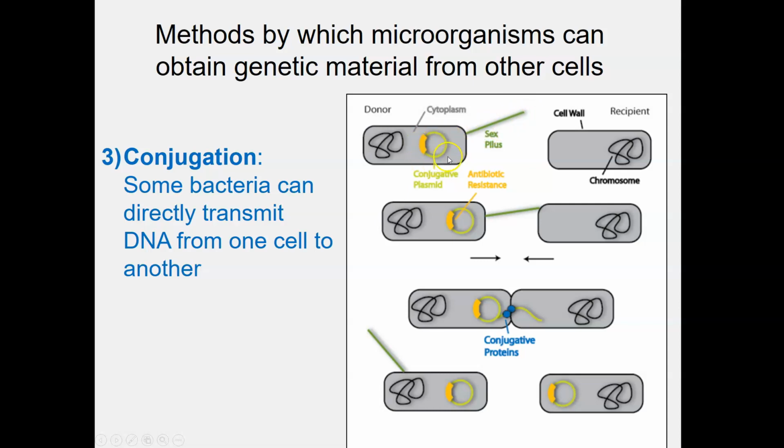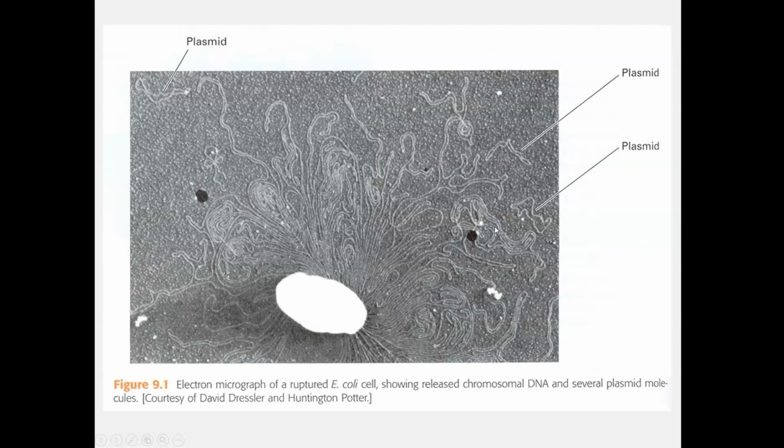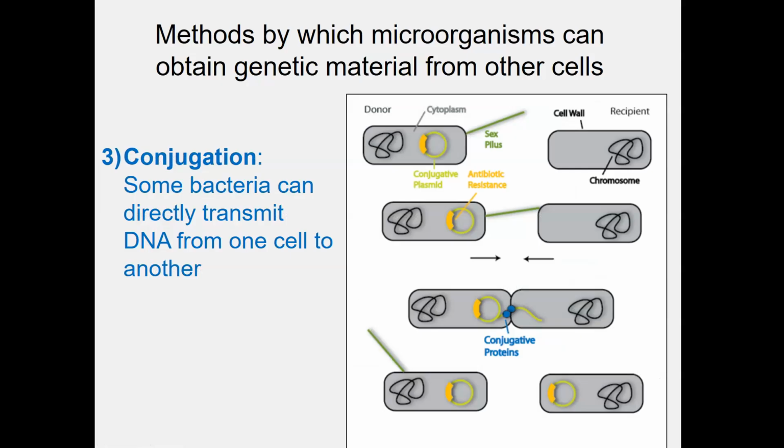So once those genes are expressed on the fertility plasmid, it will result in the synthesis of the sex pilus that gets extended to another bacteria, which is the recipient in this case, and that will then cause the two bacteria to come together, and then the fertility plasmid is going to get replicated.